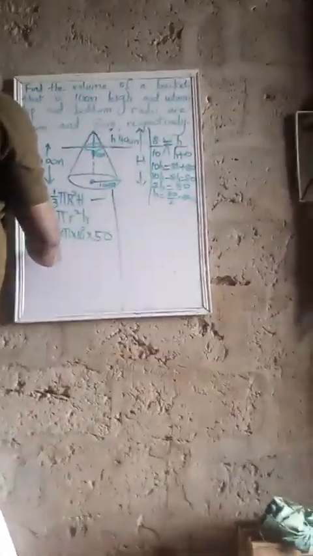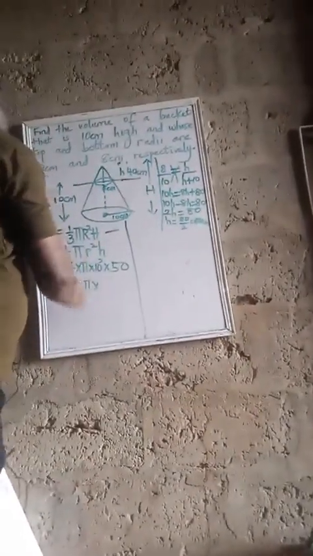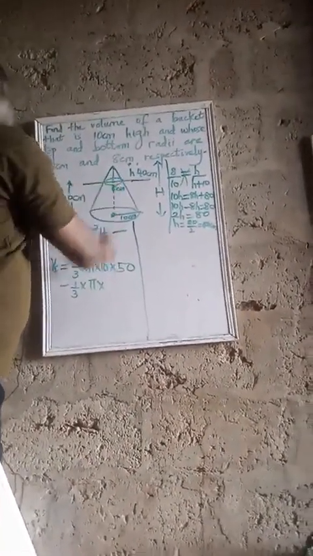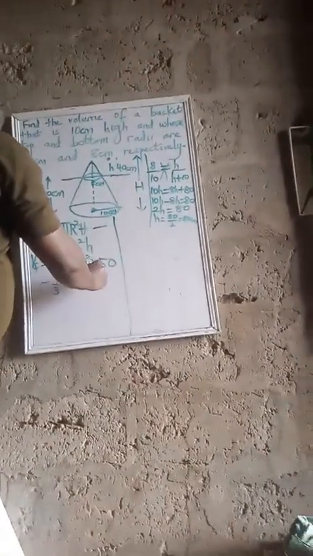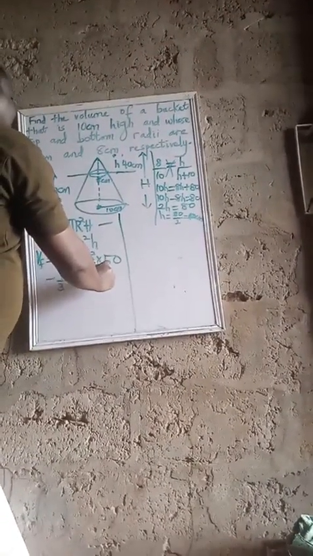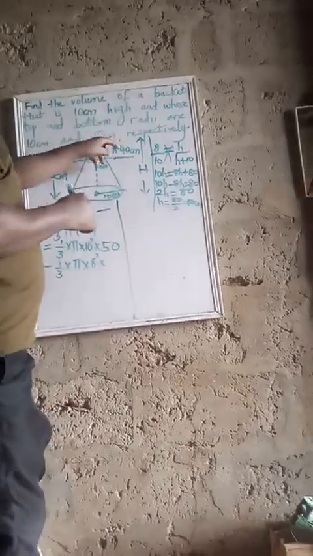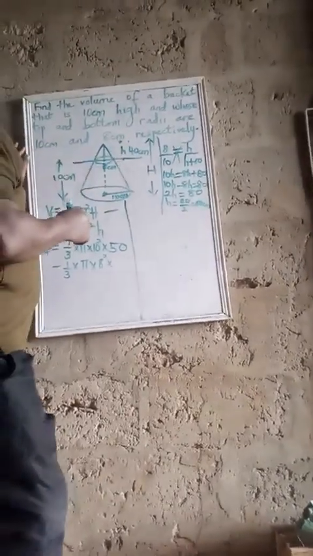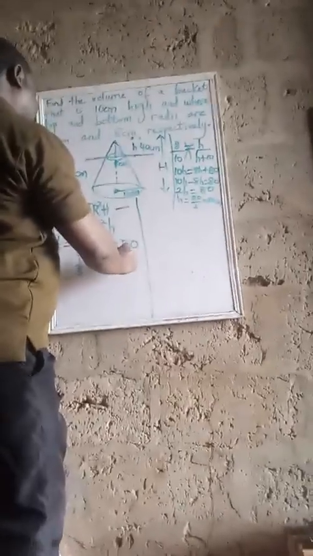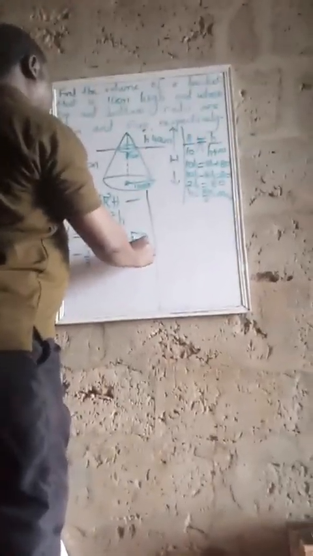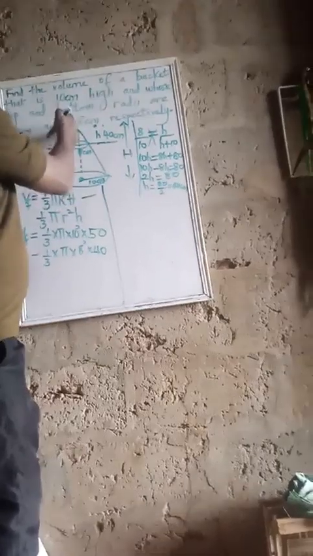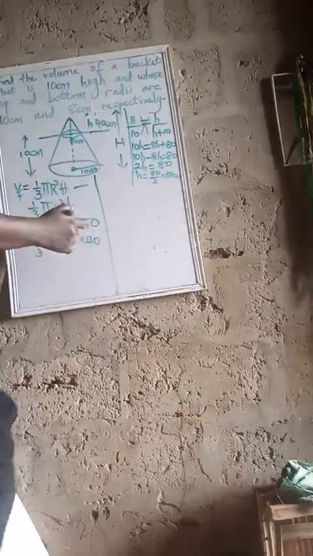Then minus 1/3 times pi times the radius here, which is 8, 8 square, then times the small height, which is 40 centimeters. Don't forget, this is minus the volume of the small cone, and the height of the small cone is 40.